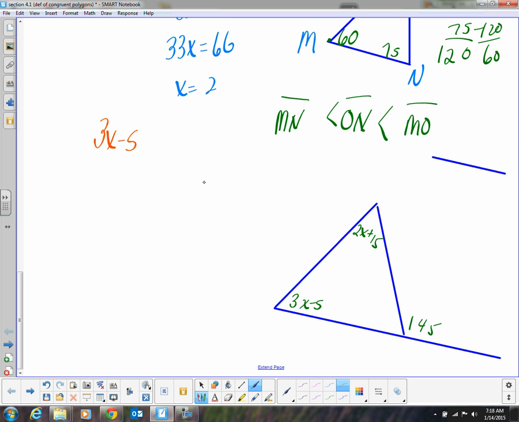Are there parallel lines? No. Same side interior would be supplementary, but there's no parallel lines. Okay, so now we're going to add them. Is that good enough?